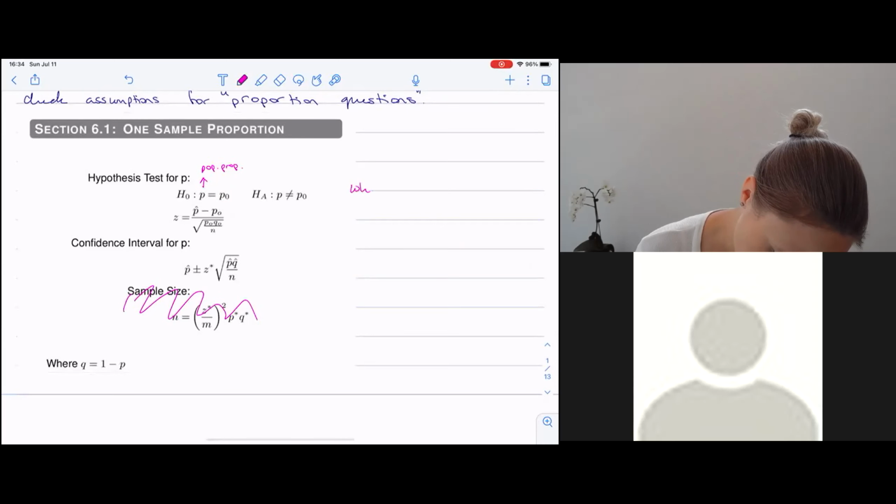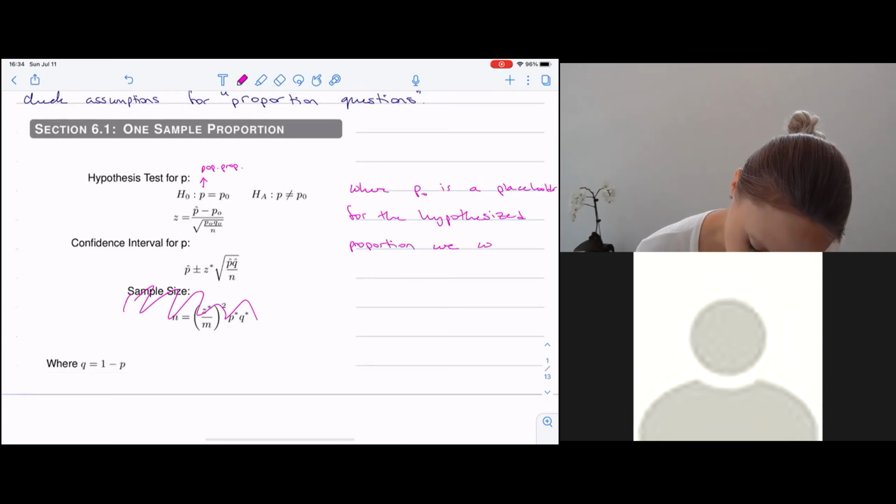So P naught is a placeholder for the hypothesized proportion, the proportion we want to compare the sample proportion to.